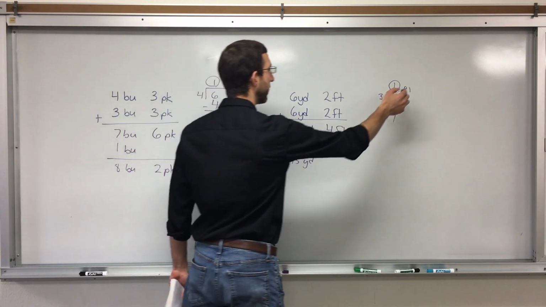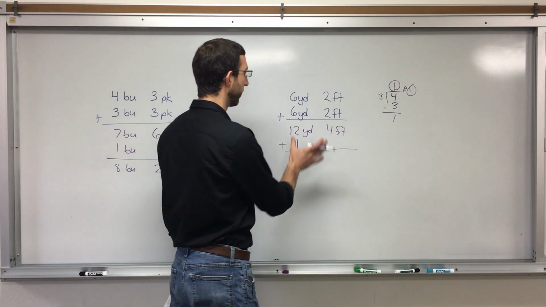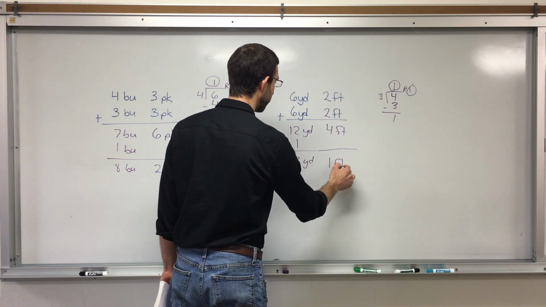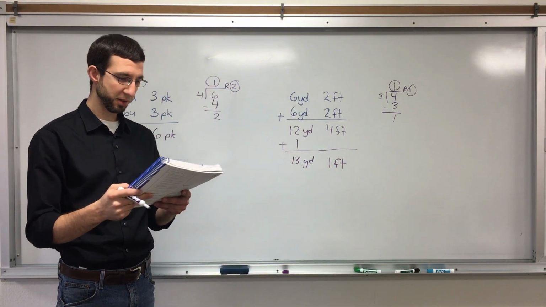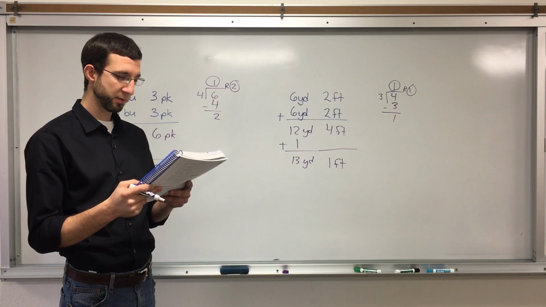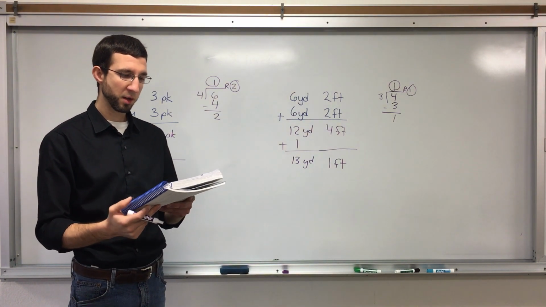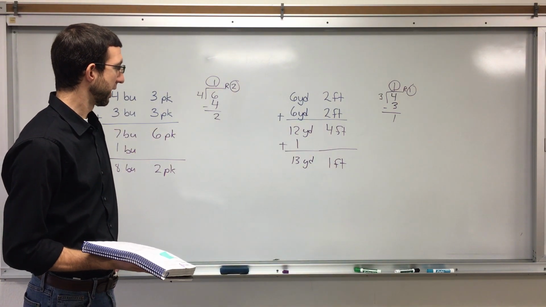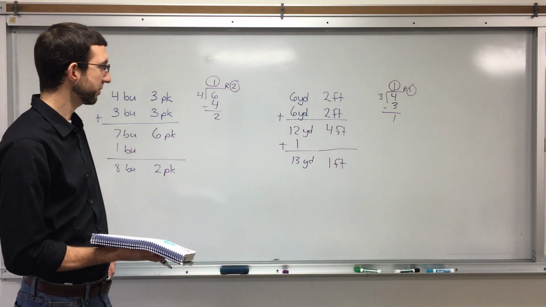And bring down the remainder, because that's what's left over after we pull 1 yard out of 4 feet. 1 foot left. 13 yards, 1 foot. Okay, it's as simple as that, and hopefully it's making sense to you by now.